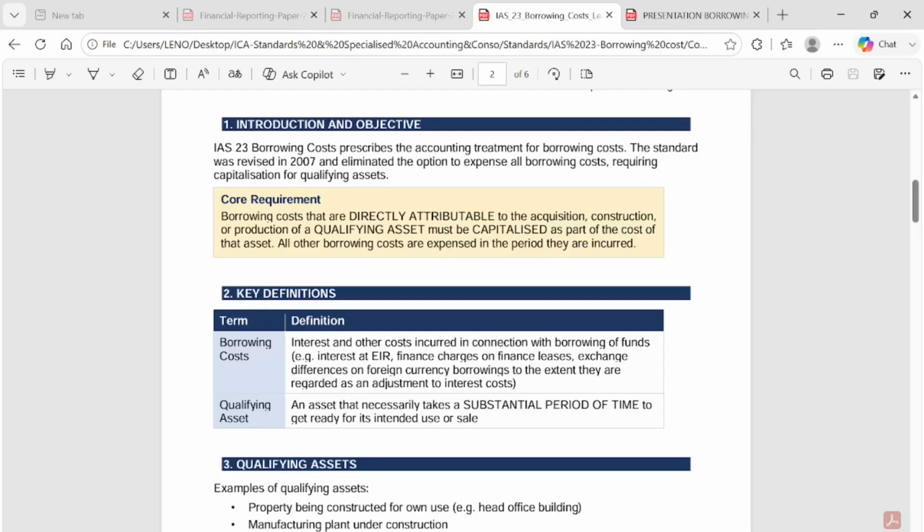Now we also have what we call qualifying assets. What do we mean by qualifying assets?